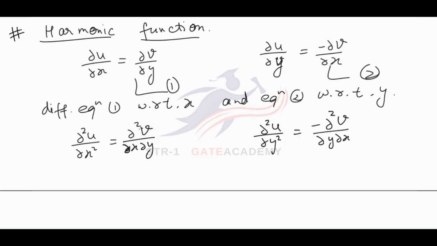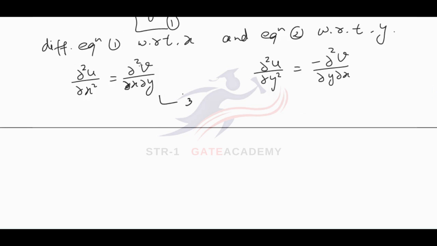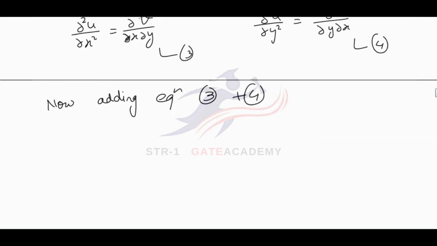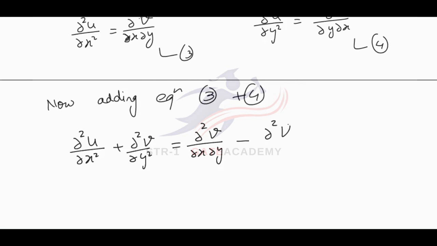Right? Now let us call these equation number 3 and equation number 4. If I add equation 3 and 4, what am I going to get? On the left hand side, it will become del square u upon del x square plus del square u upon del y square is equal to del square v upon del x del y minus del square v upon del y del x.